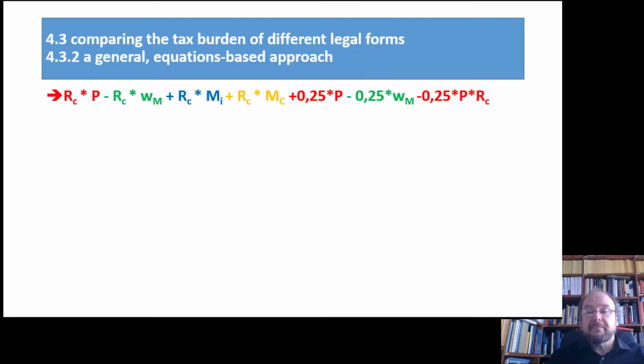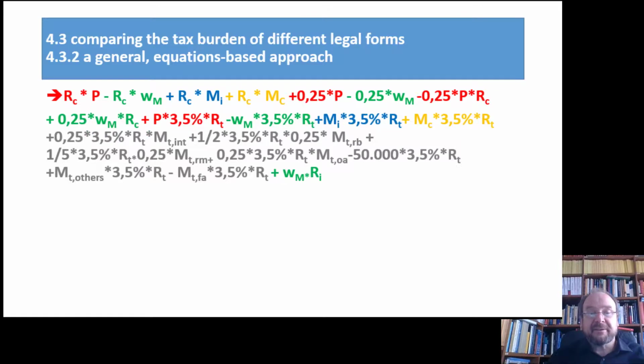So if you compute that, here I highlighted in red all the factors where P is contained. Then in green, every summand which contains the wage paid to the manager.